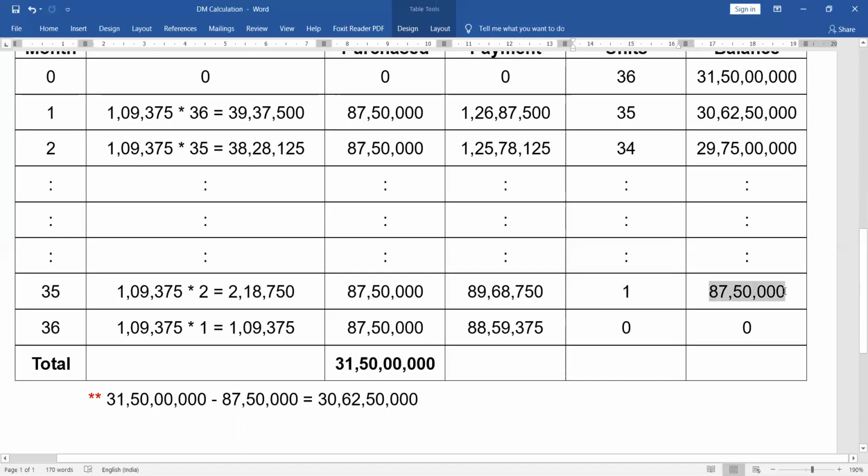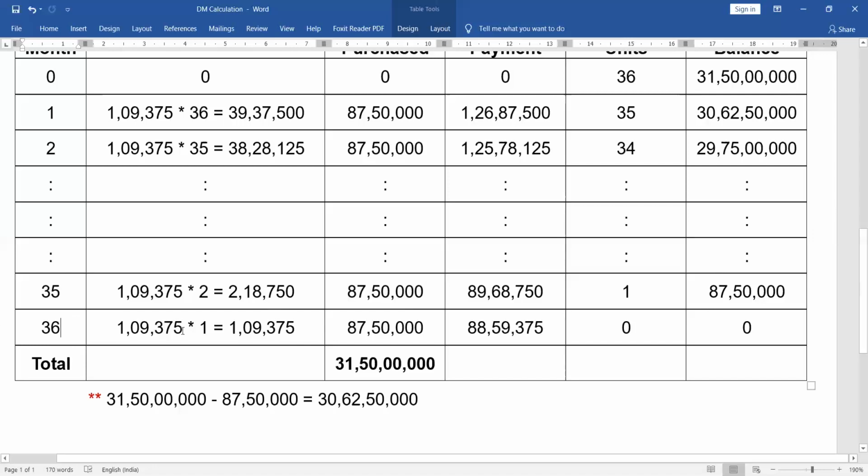So this will be the balance, because whatever balance was received at the 34th unit, this amount will be deducted. So we will get 87,50,000. Now in the 36th month, he is going to purchase the last unit.